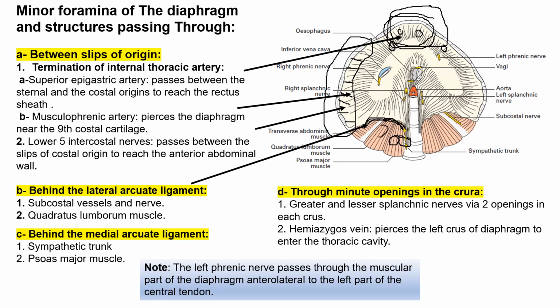At the lateral arcuate ligament are the quadratus lumborum muscle and the subcostal nerve and vessels. Through the minute opening in each crus, we will find the greater and lesser splanchnic nerves, and the hemiazygous vein in the left crus. The left phrenic nerve reaches the inferior surface of the diaphragm through a small opening here, to the left side of the central tendon, anterior to the central tendon.